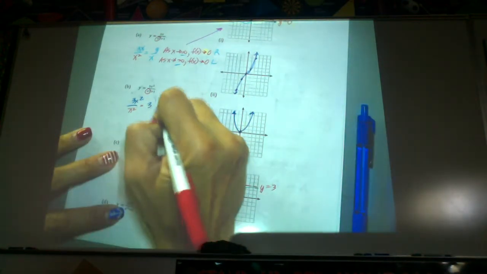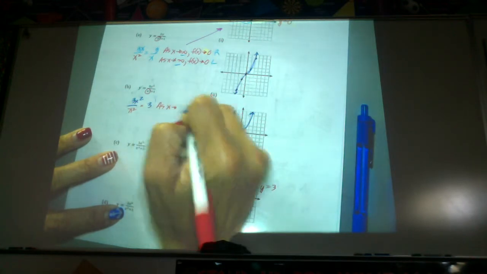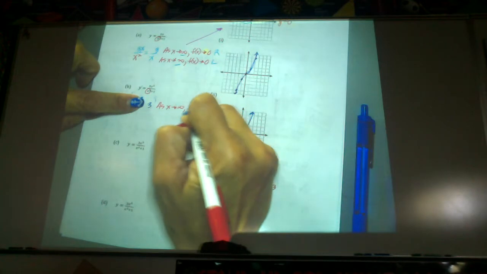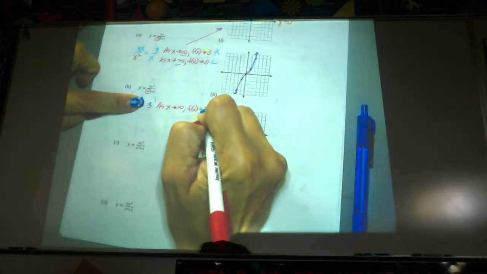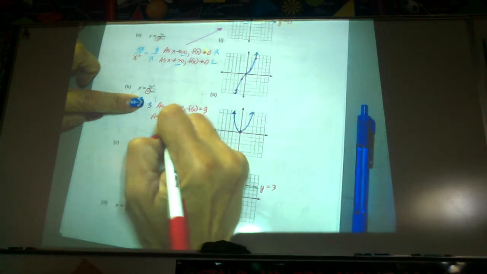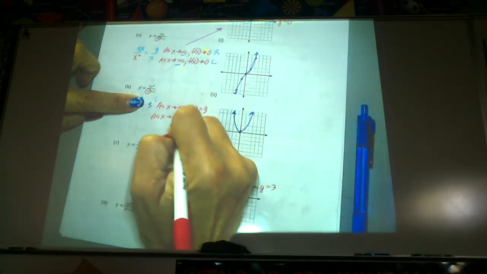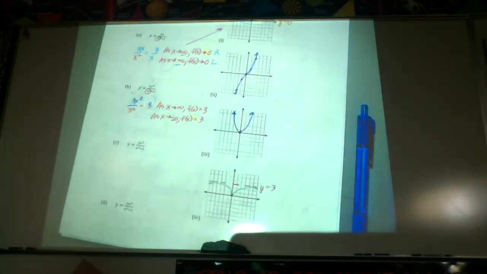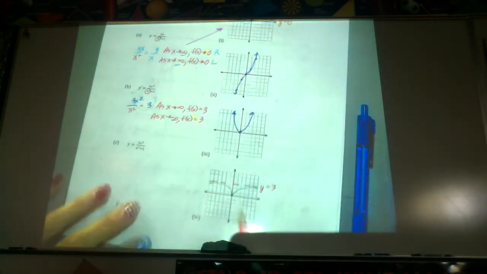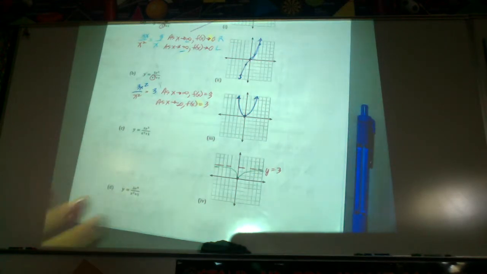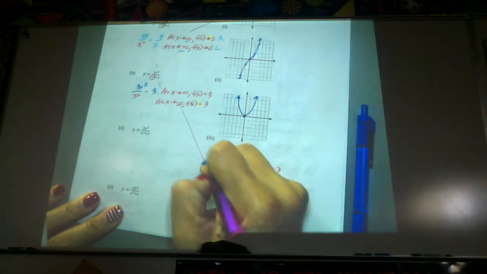So as x approaches positive infinity, if I use a bigger and bigger number, I can't change that value. F of x is going to equal or approach 3. Even if I use a negative number, as x approaches a big negative number, negative infinity, the value of that function is still 3 because it's a constant. The only one that approaches a constant value of 3 is this one down here. So those match up.